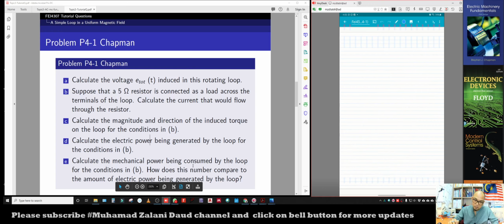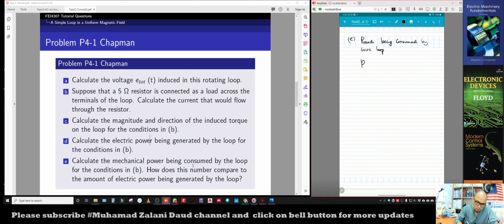Okay, so we are going to calculate the mechanical power, which is in question E: mechanical power being consumed by the wire loop for the condition in B.